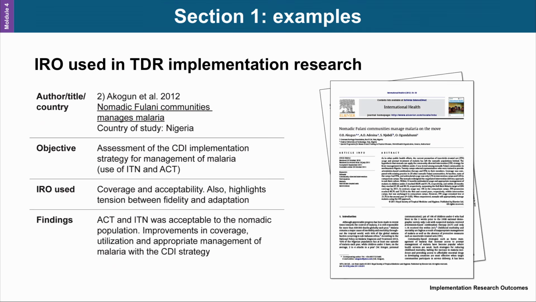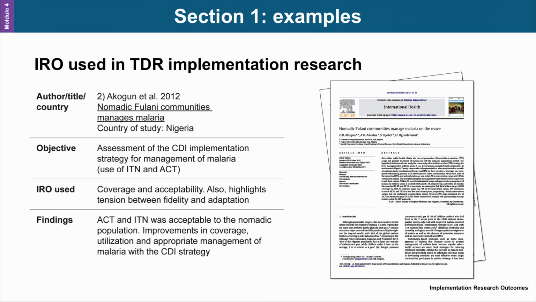So in this second example, we are going to be looking at a study by Akogun et al. in Nigeria. They were looking at how nomadic Fulani communities treat malaria using some evidence-based intervention for malaria control.